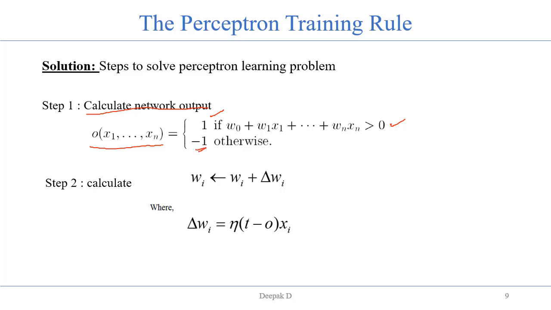Remember, if we do not get the expected or desired output value, then the only option we are left with is to update the weights. So again, how do we update the weights? By using this weight update rule. So let's consider the actual values, and by taking these steps we'll try to solve that problem.